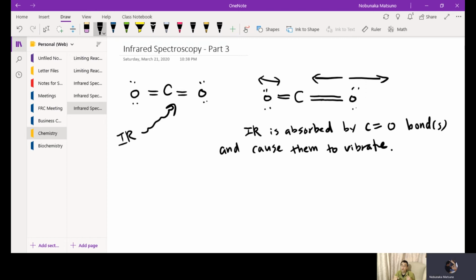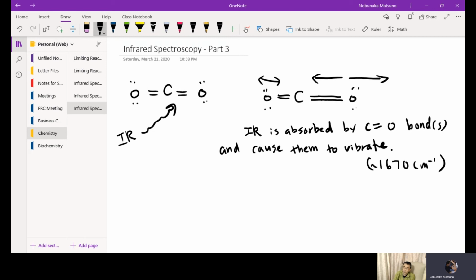This light is absorbed at a certain specific frequency. Typically this happens at about 1670 wave numbers. It varies, but right around 1640 to 1670 wave numbers is where it happens, or somewhere in that range.